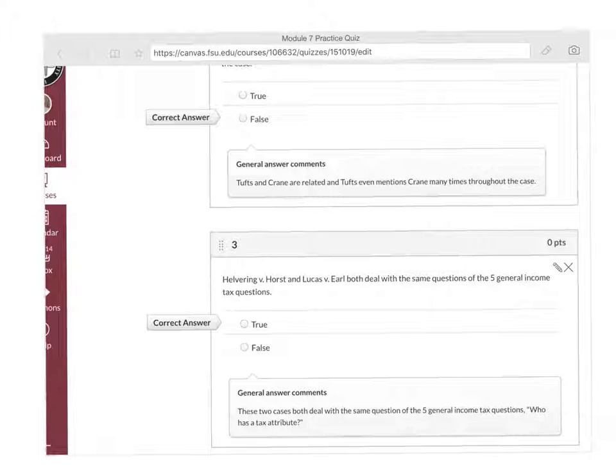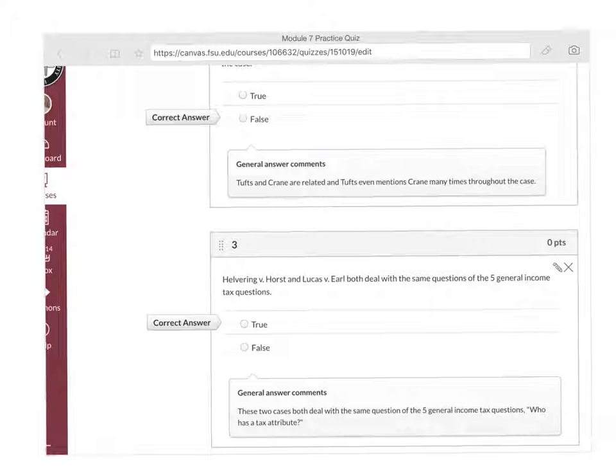Third, Helvering versus Horst and Lucas v. Earl both deal with the same question of the 5 general income tax questions. So of course I can ask you about the 5 general income tax questions, right? And that's easier because this one's a little bit more straightforward if you took notes, or if you didn't, you can go back on the videos, because for each of the cases I put what question it involves. Now, some of the cases I told you involve multiple questions.